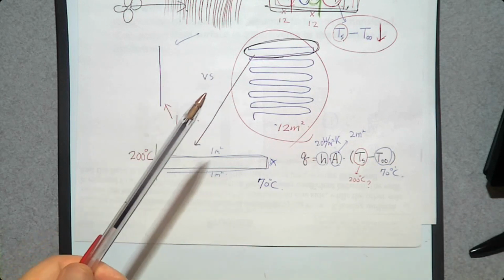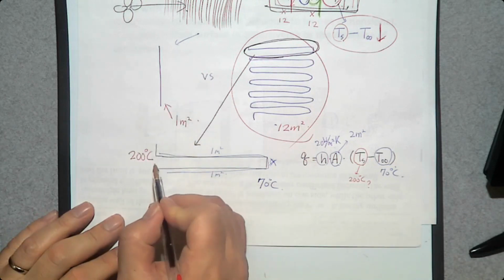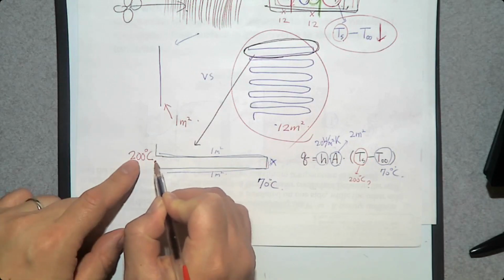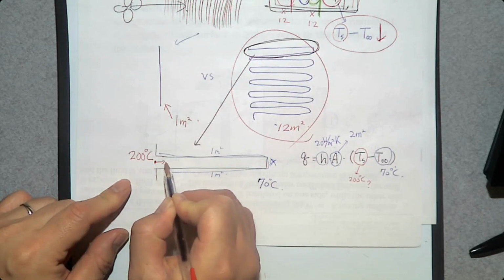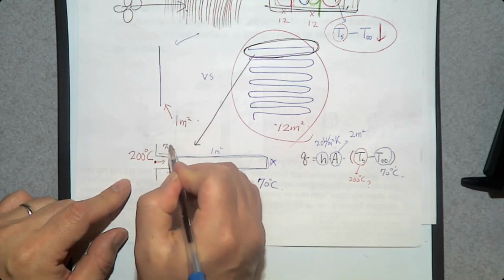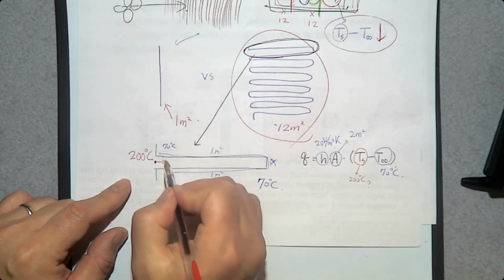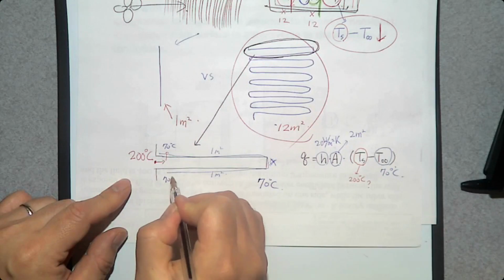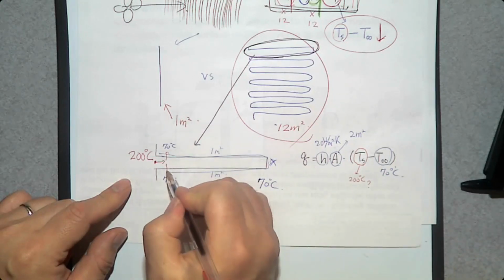This red arrow is going to be the heat transfer. There's heat transfer from this 200 degrees Celsius going this way. Oh, wait, the surrounding is 70, so I'm going to go this way. Fine. Then keep moving.